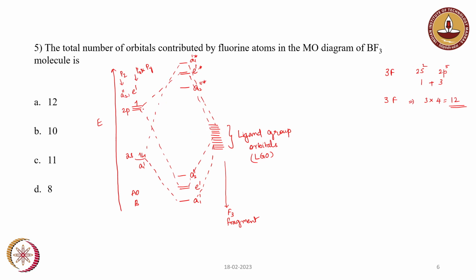And A2 double prime is also formed from 2p and LGO. So there are bonding and non-bonding orbitals by combining the atomic orbitals of boron and ligand group orbitals, and 8 of them will remain as non-bonding.